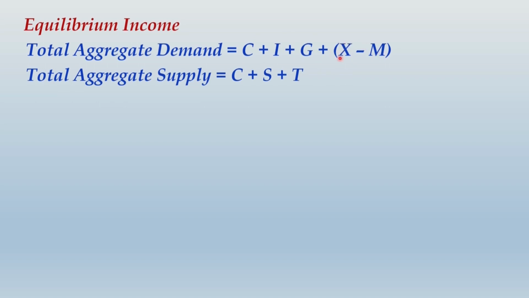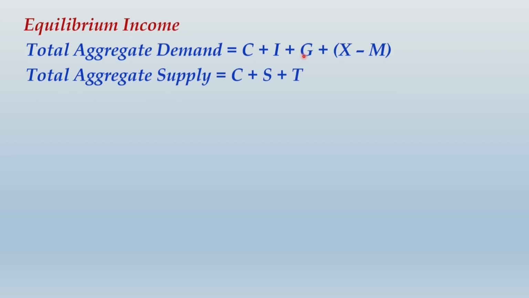Actually speaking, X should come along with C plus I plus G and M should come along with C plus S plus T. However, if you are doing that, it will not match with the equilibrium income, because from the consumption it is important to subtract the imports, then only you will get to know what is the gross domestic product in India. As a result, exports minus imports, that is the net amount of exports, will be added to the aggregate demand, and that will eventually give you the equilibrium income.